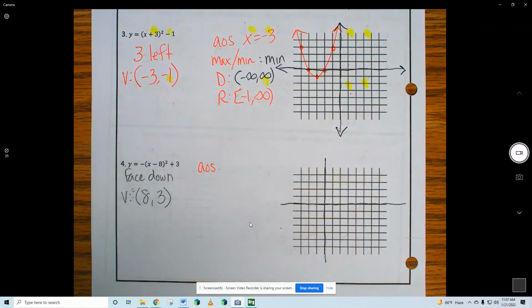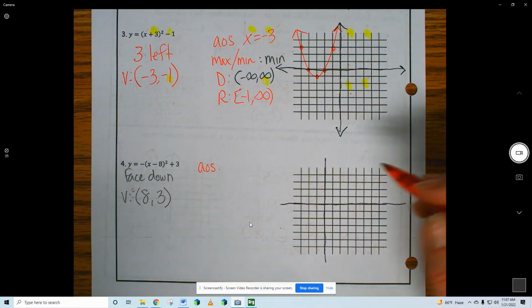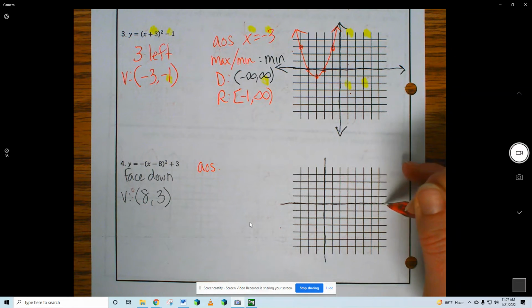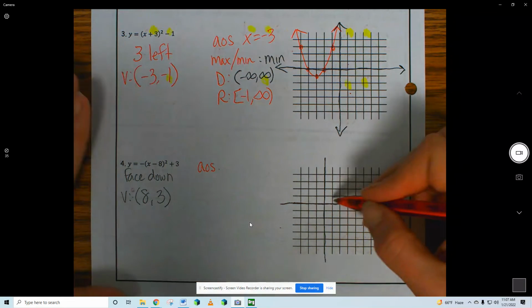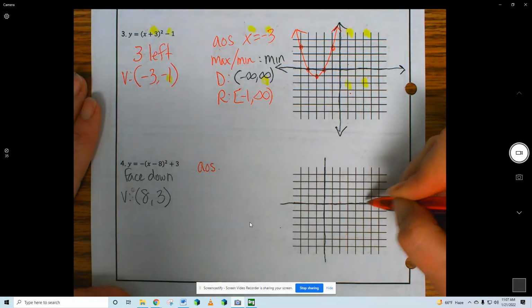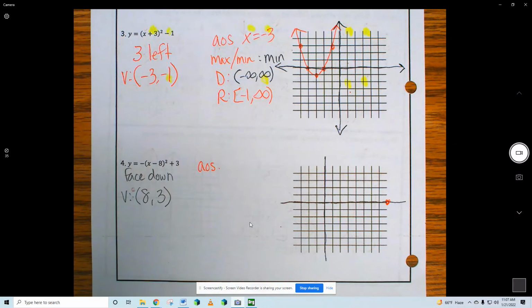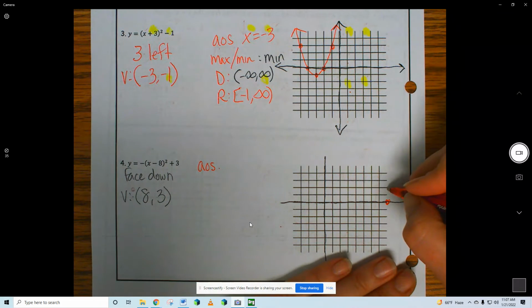And it's facing downward. A couple things to consider. 8 to the right, 3 up. Oh my gosh, I still didn't go over enough. 1, 2, 3, 4, 5, 6, 7, 8. Oh, 3 up. What am I doing?